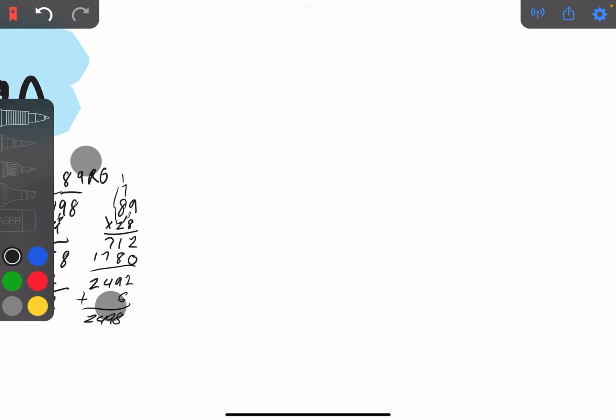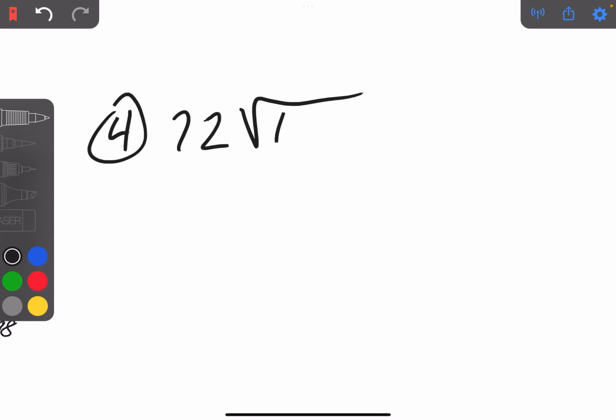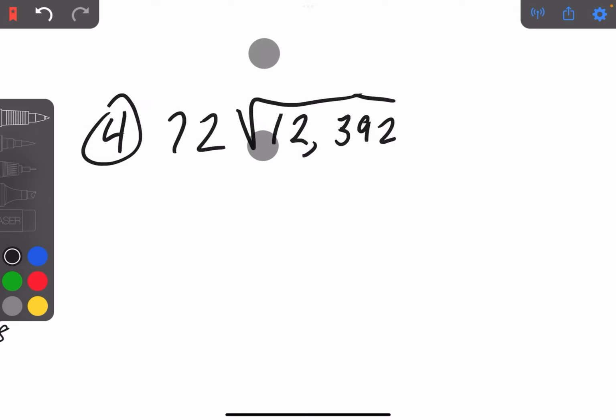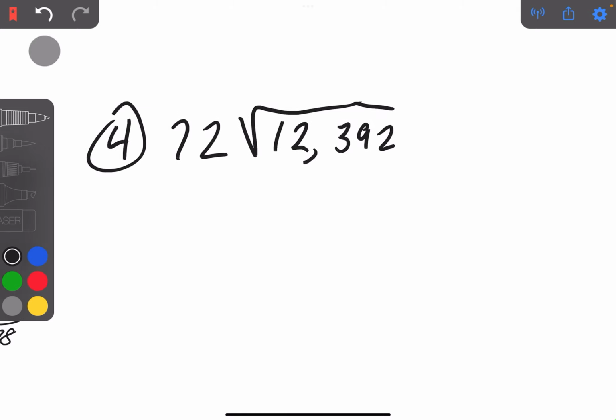So we're gonna do one more example, and then we'll go to something a bit harder. So we've got 12,392 divided by 72, not 17.